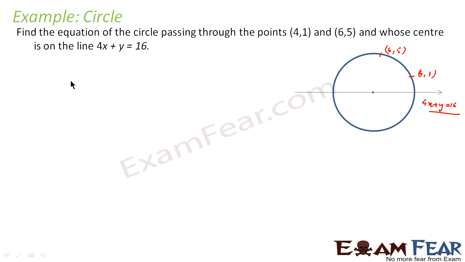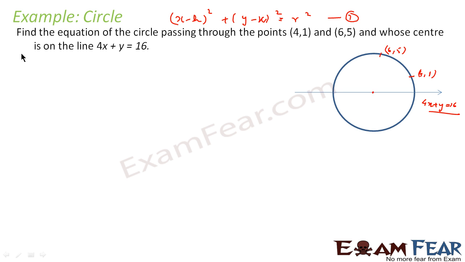Again, we'll use this formula, x minus h square plus y minus k square is equal to r square. Since 4 and 1 is a point on the circle, 4 and 1 should satisfy this equation.